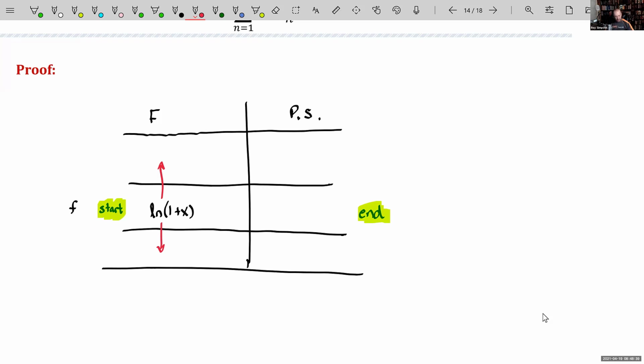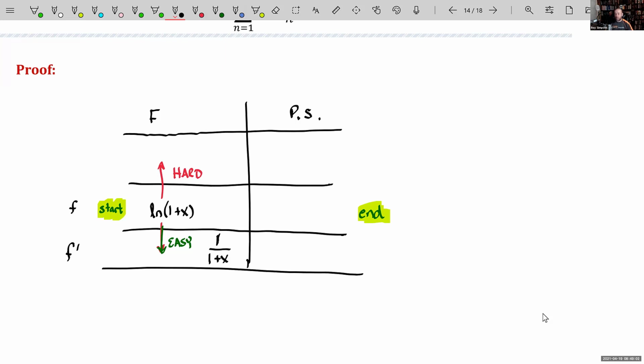So I'm going to write this as hard, and I'm going to write the other one as easy because I can easily differentiate that. That's going to be black ink, f prime. This is going to be 1 over 1 plus x.